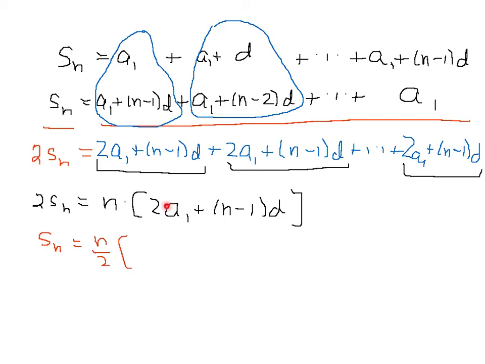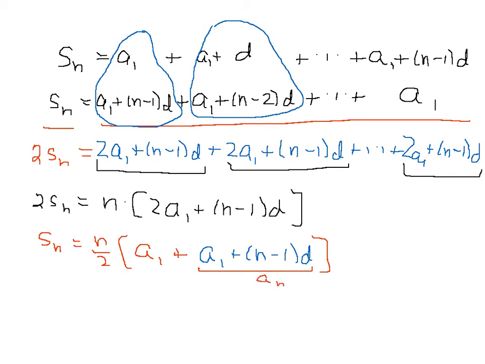Now what I'm going to do here is break this 2 times a sub 1 into a sub 1 plus another a sub 1 plus n minus 1 d. Now if you notice, what we have right here is our expression for a sub n. I'll write it right below it. This much is just a sub n.